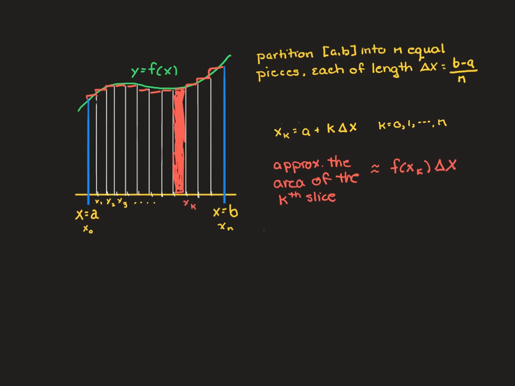And we want to add this up: first slice, the second slice, the third slice, all the way up to the nth slice. So we'd say that the total area is about equal to the sum of the areas of the rectangles, f of x sub k times delta x, where k starts at 1, that's the first slice.